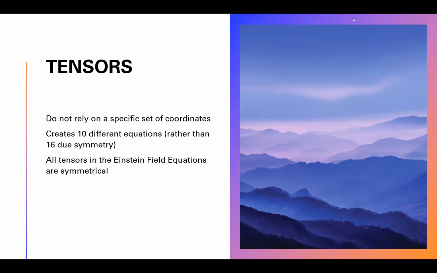Before we look into the equations and their components, it is important to first understand what a tensor is. A tensor is a concept that does not rely on a specific set of coordinates, and it can be applied universally. In terms of the field equations, there are three symmetric tensors that are responsible for the 10 equations.